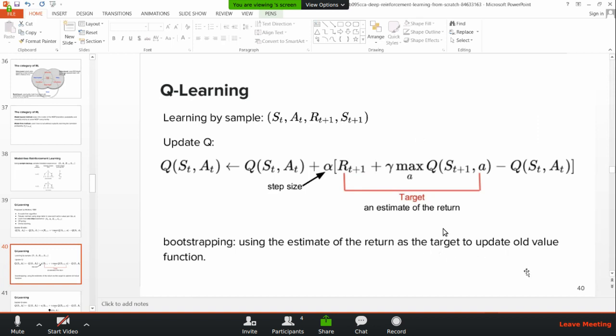How are we getting the target? The target is nothing but you are calculating from R t plus 1, the immediate reward you are getting, plus gamma into max of Q of next state.